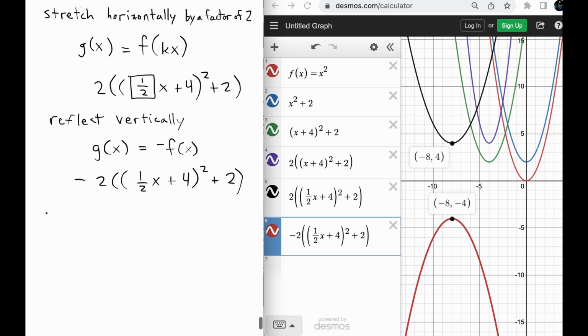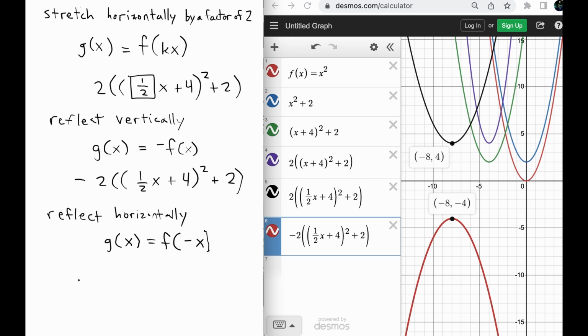And now I'll reflect it horizontally as well. Okay, so for that we follow the rule of g of x will equal f of negative x. So the negative has to go just on the x alone, not anything else.